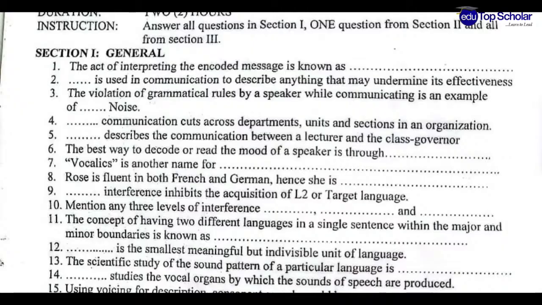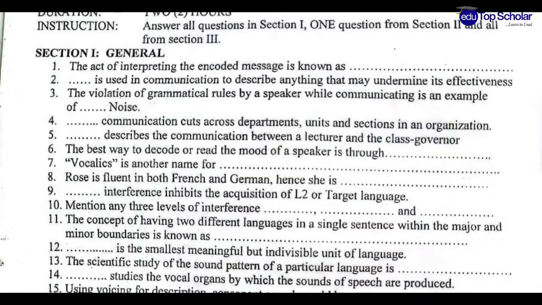So that question may be asked in another way: anything that hinders communication, or anything that causes distortion to the flow of communication, is noise. Number 3, the violation of grammatical rules by a speaker while communicating is an example of dash noise.